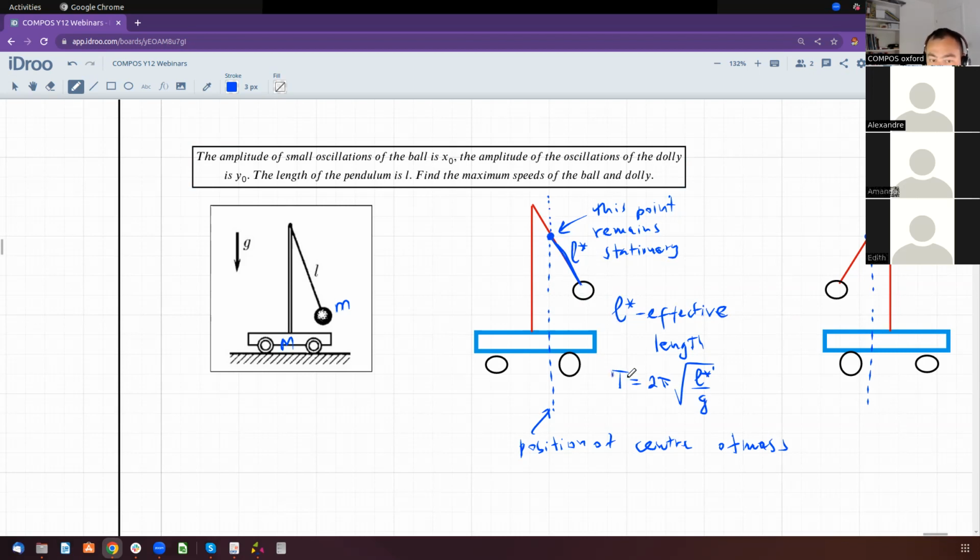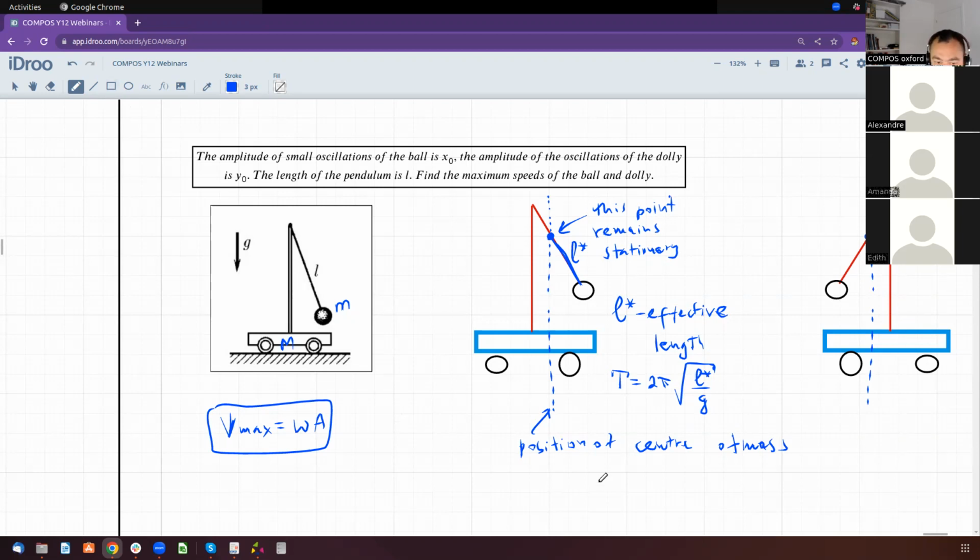That's the time period. And then to find the speed, the max speed V max is omega A. So that's easy. You can work that out. But this is what we need. So we need the time period, so we need omega.